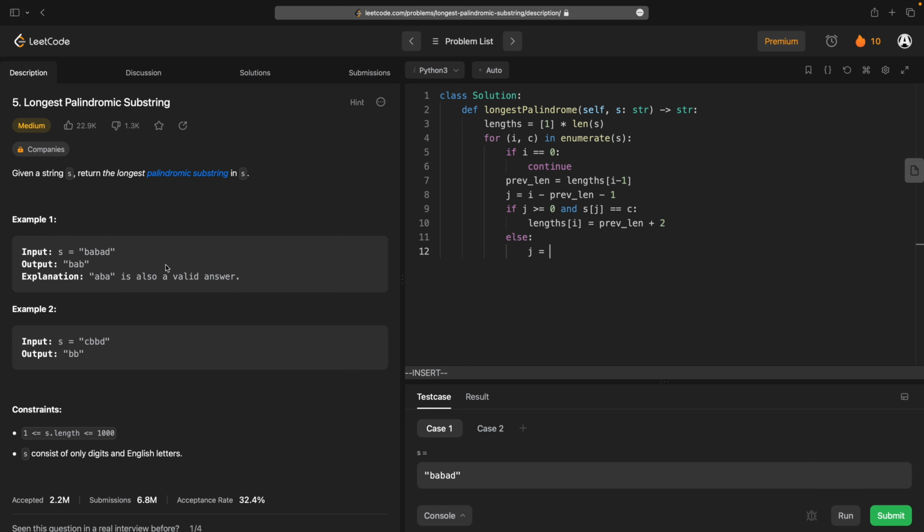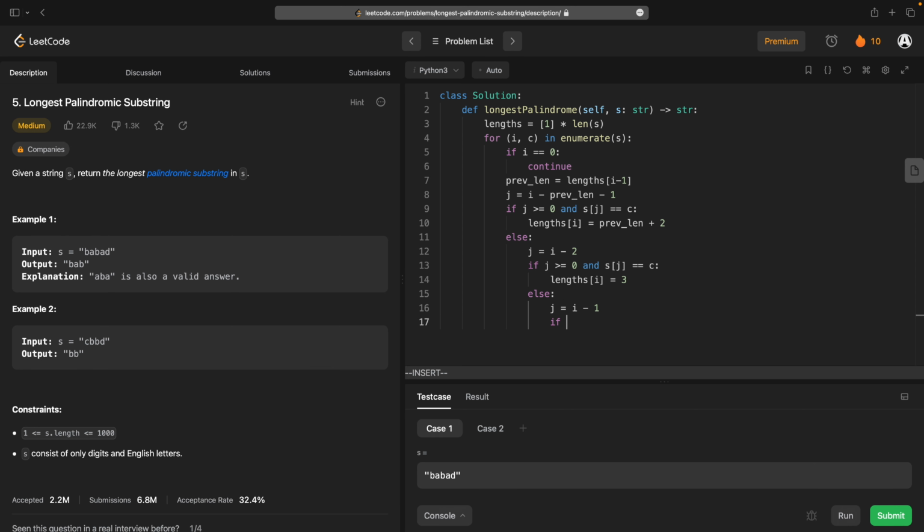No, j is not equal to more motorbikes. j is equal to i minus 2. If j is greater than or equal to 0 and s[j] is equal to c, length i is equal to 3. Else j equals i minus 1.